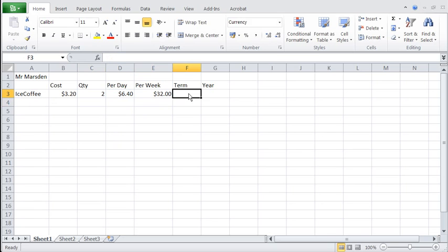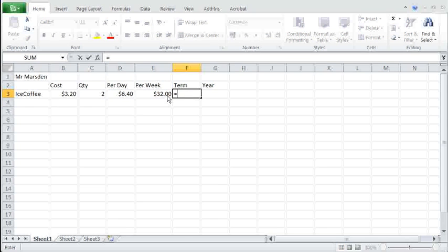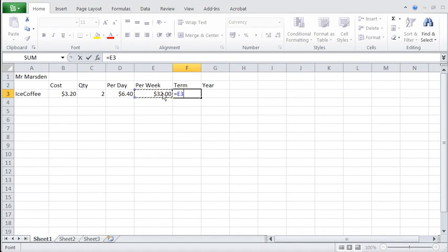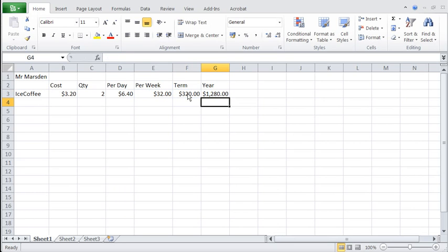If we want to work out per term, we could say, well, there's 10 weeks in a term, so we take the weeks times that by 10, and because there's 4 terms in a year, we can say is equal to that times 4. So it gives you an idea. So if you have 2 iced coffees a day, it doubles.